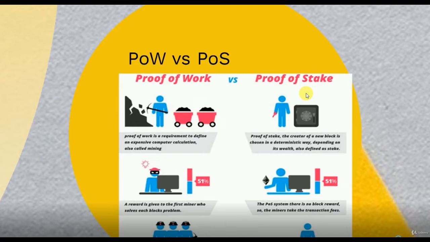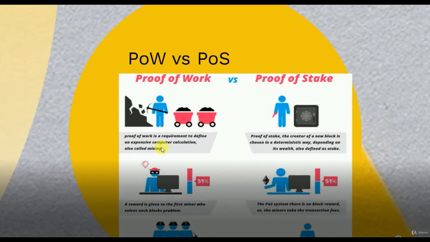So if you see the differences here, proof of work requires an expensive computer calculation, also called mining. Whenever you solve a complex algorithm, you create your block, and whoever first creates a block gets some coins deposited into their account.